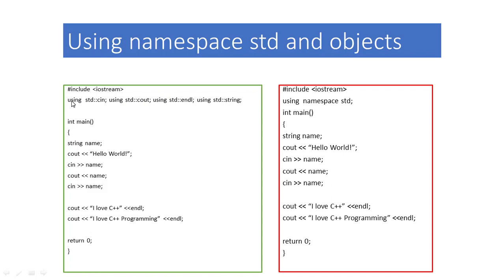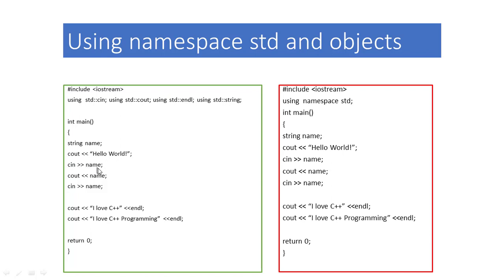Here we say using std::cin, using std::cout, using std::endline, using std::string. What that means is that we are going to use these objects in the standard namespace. Because we have declared it here, we can use them in our application. And that is what we have here.